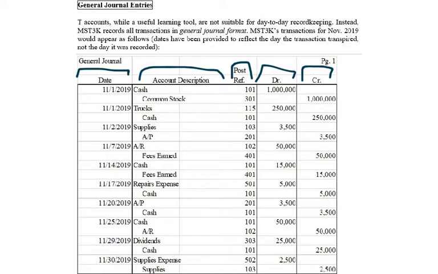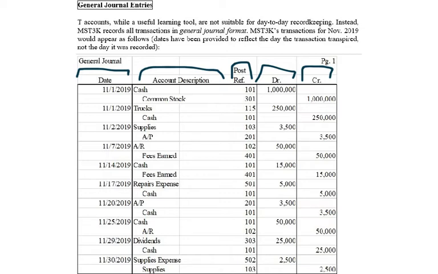So we're moving from that accounting equation format, which is not really very friendly, and eventually we went to T accounts, and now here we are finally at where we actually need to be when we're talking about doing accounting. Again, same transactions, just taking on a new shape.